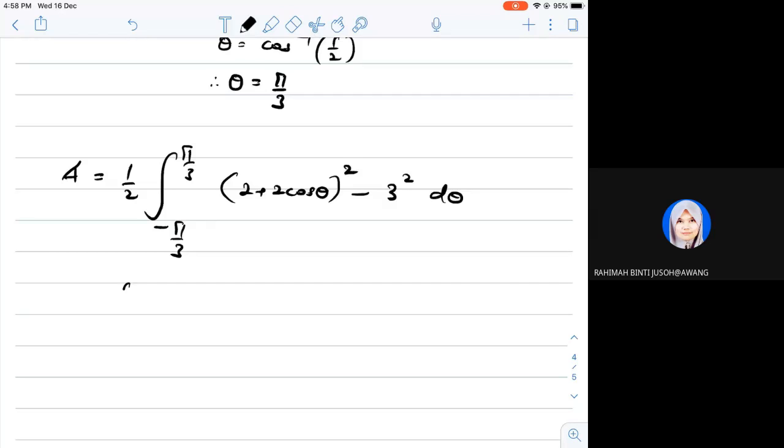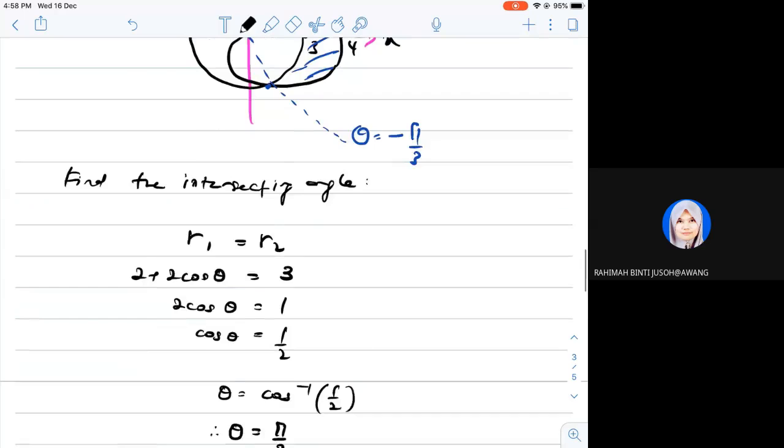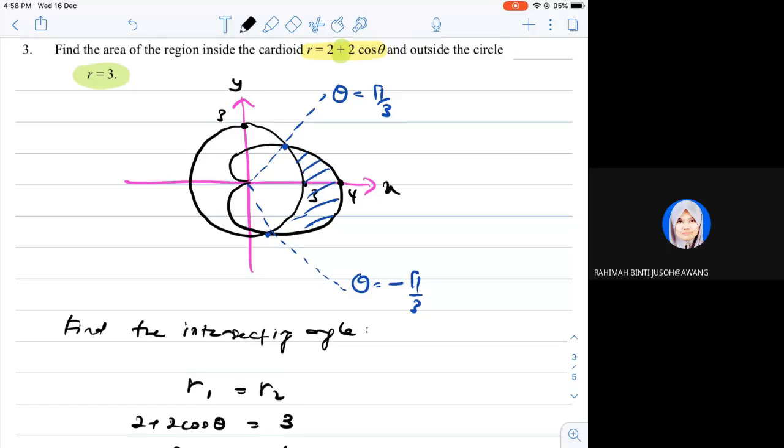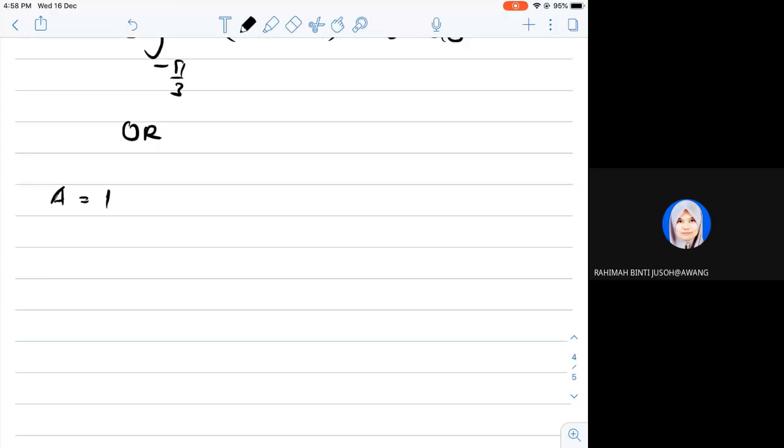Okay guys, again, alternatively, we can calculate the area by considering half. Let's say I consider this part half. So my angle will be starting from 0, isn't it? So we will have 1 over 2 times 2.